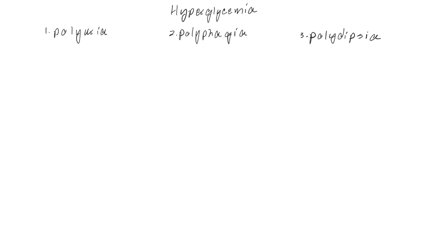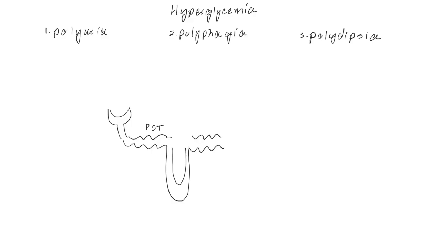To understand this, I have to draw out our Bowman's capsule and our nephron. So there we have Bowman's capsule and our proximal convoluted tubule here, the loop of Henle, our distal convoluted tubule. Just a simple diagram to understand these, but you get the point.